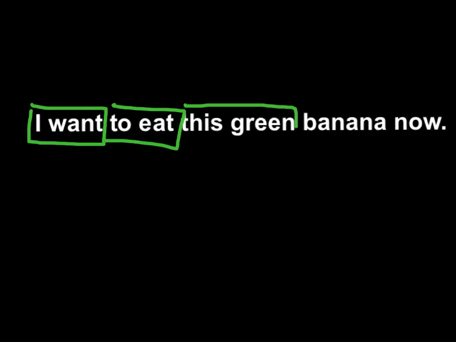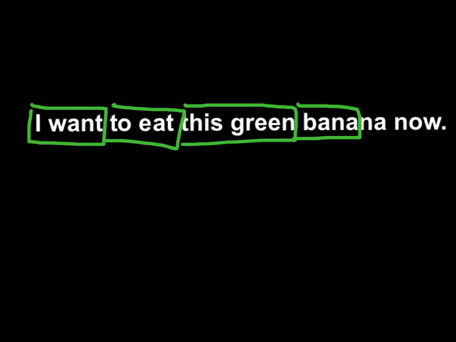Let's take another look at that silly line from earlier. I want to eat this green banana now. There are 5 sets of iambs in this line. The first is I want. The second is to eat. The third is this green. The fourth is banana, takes up only part of the word.